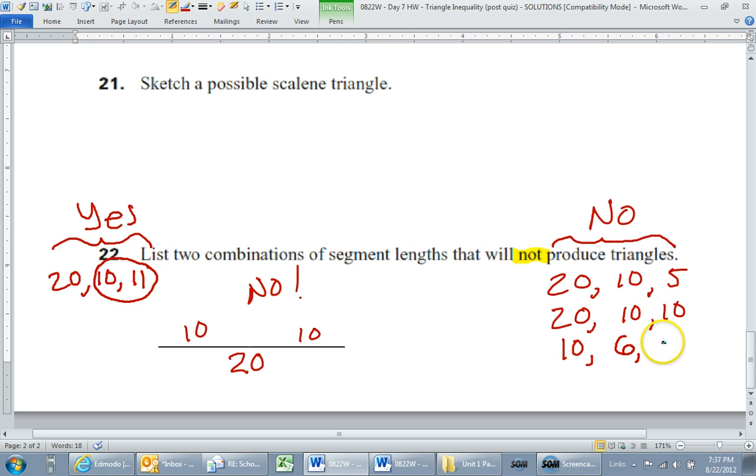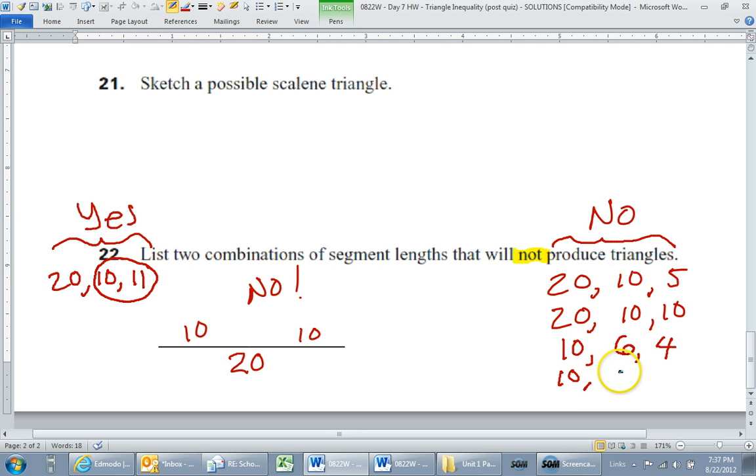Would it work if it was 5? Yes, it would make a triangle because 6 plus 5 is 11. That's more than 10. Would it work if it was 4? No. 6 plus 4 is exactly 10. Not good enough. It has to be more than 10. So that would be a no.